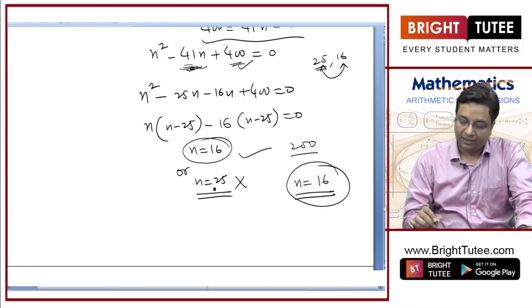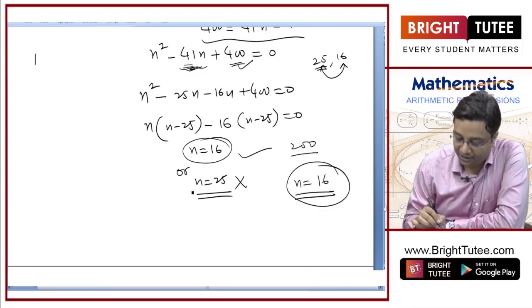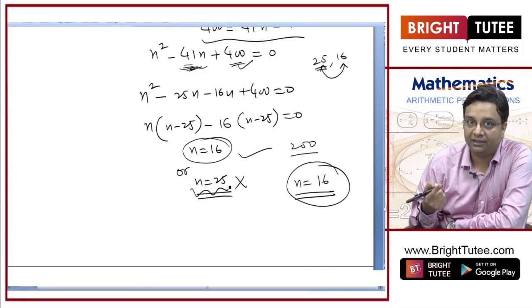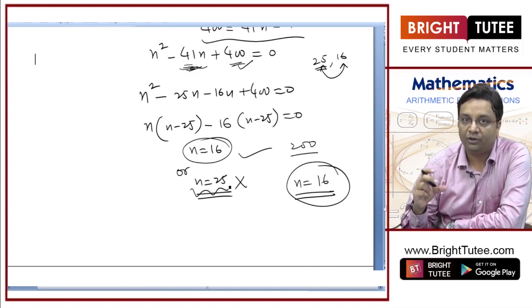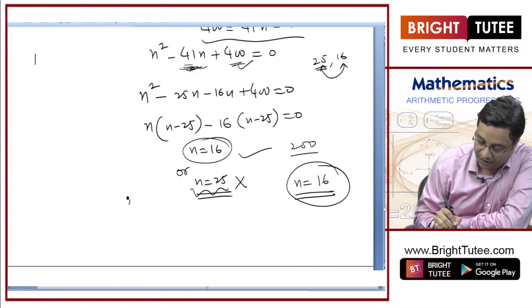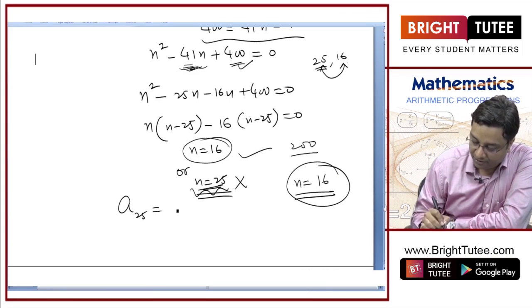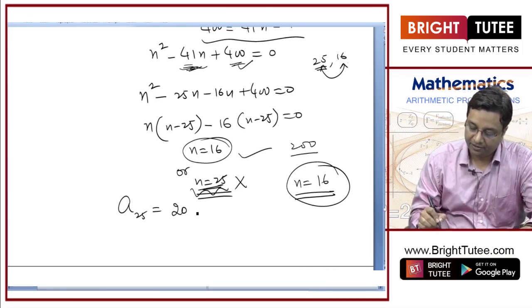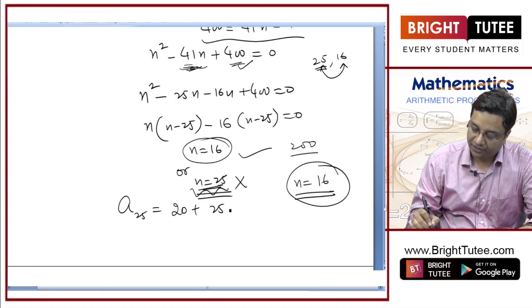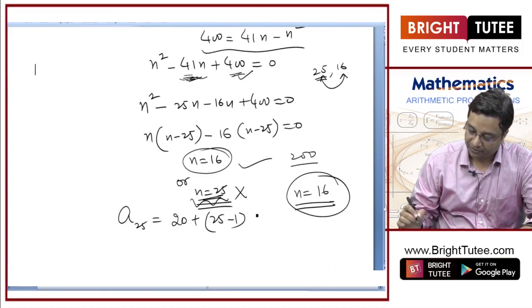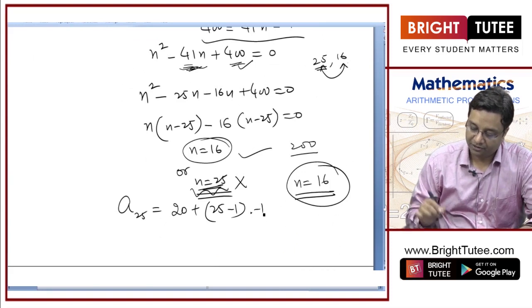Right? What I am saying is, if I take n equal to 25, what will be the nth term? What will be the number of logs in the nth row? Let's calculate. If I take n equal to 25, what will be a25? It will be equal to a plus 25 minus 1 into d, which was equal to minus 1.